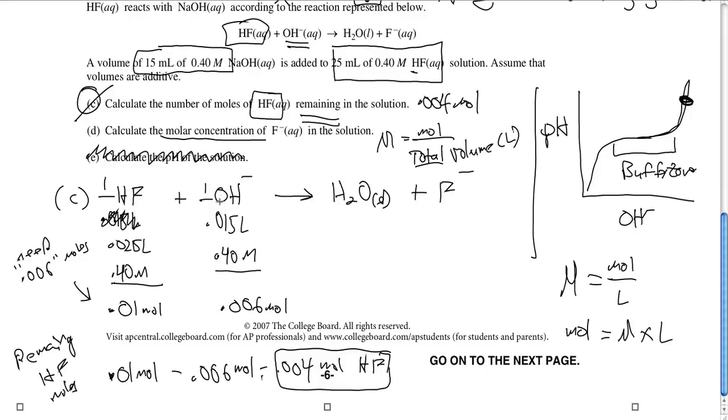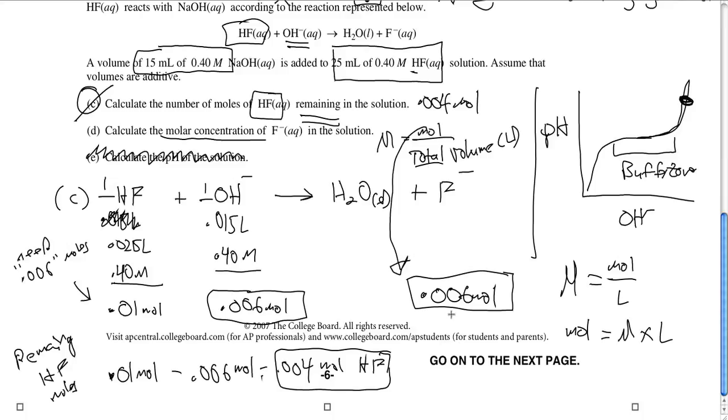The moles of F minus produced are going to be the same as the moles of OH minus, since this was your limiting reactant. So you have 0.006 moles, and that is what is going to go into the numerator of this equation.